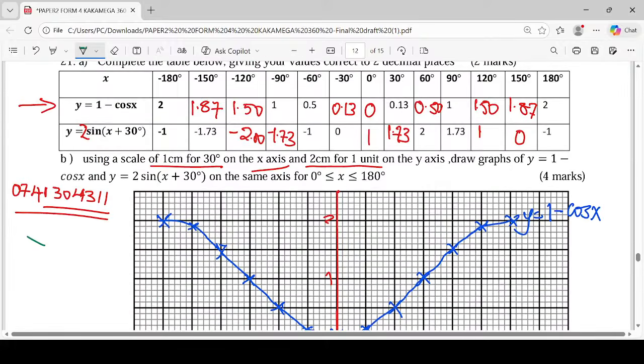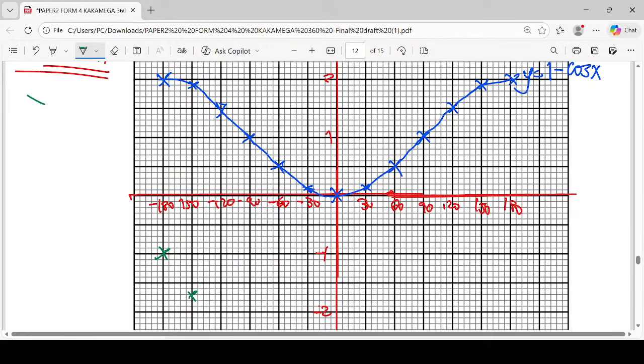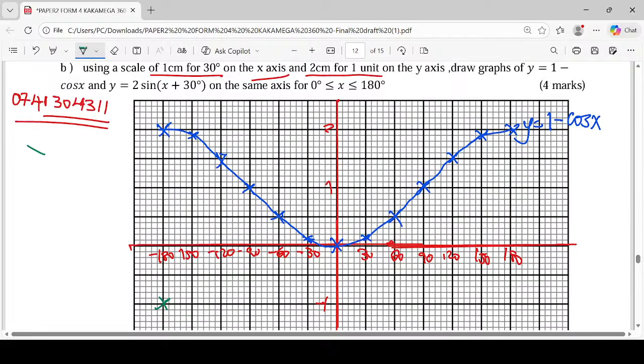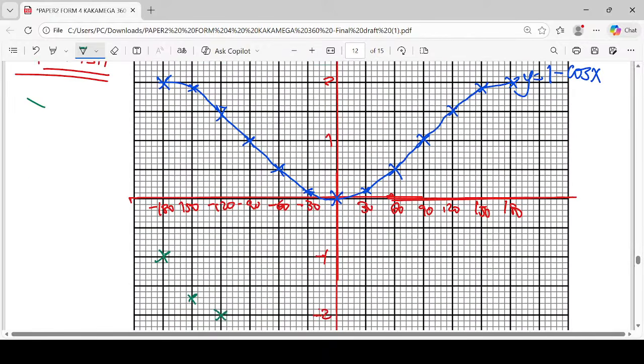At negative 120, negative 2. Negative 120, it's here at negative 2. Negative 90, it's at negative 1.73.